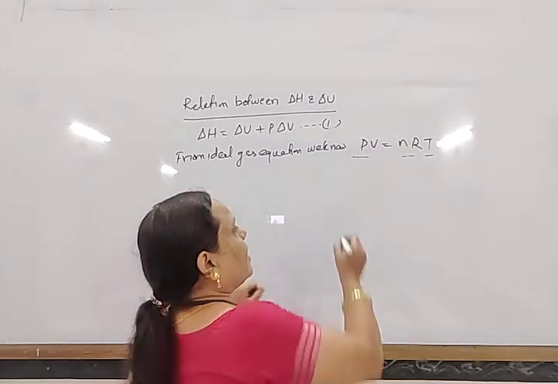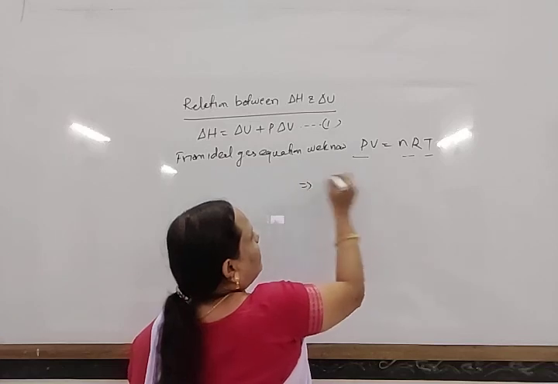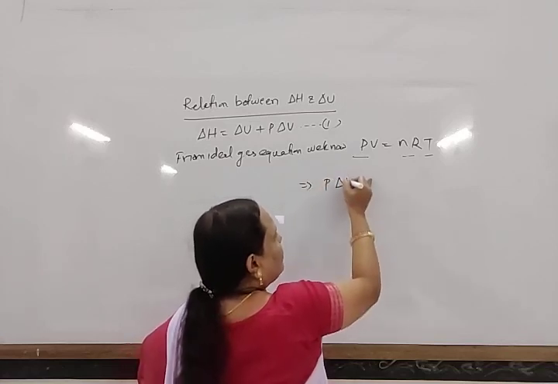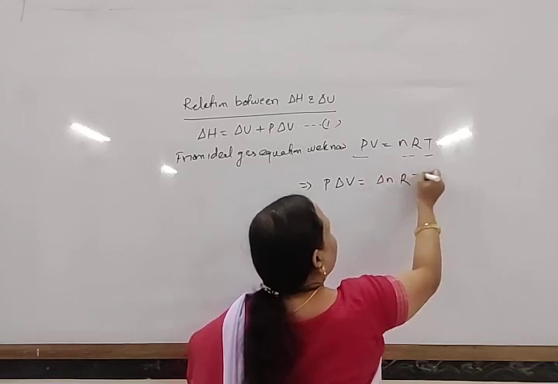So we can write, from PV equals nRT, that PΔV is equal to ΔnRT.